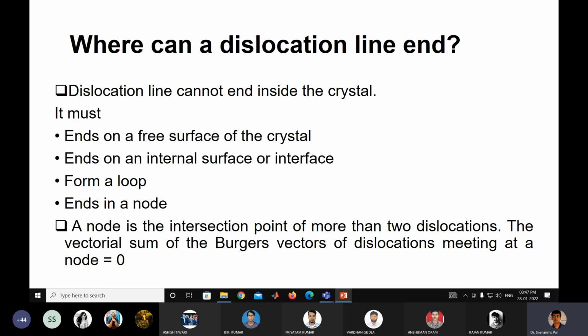And what is a node? It is where 2 or more dislocations meet, and if you take the vector sum of the Burgers vectors of all the dislocations meeting at that point, it must be equal to 0. Then you can tell that is a node. So at that node, a dislocation can end.